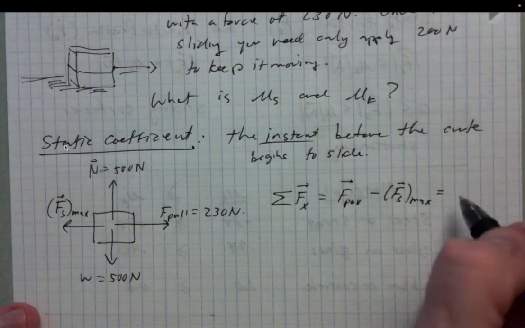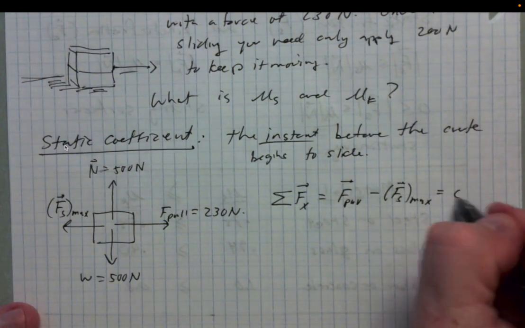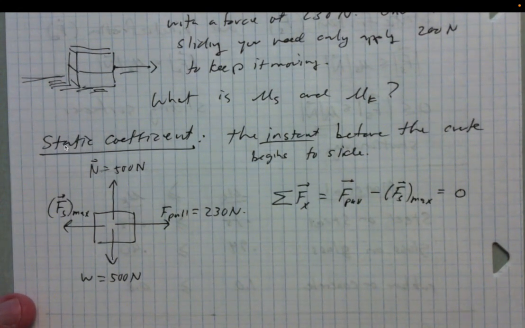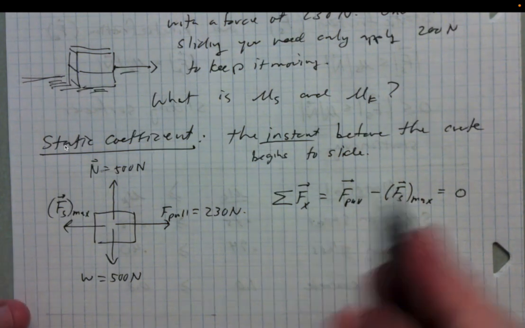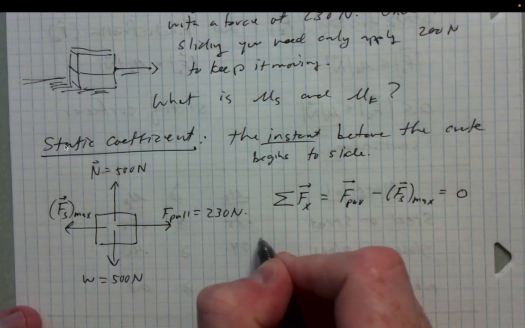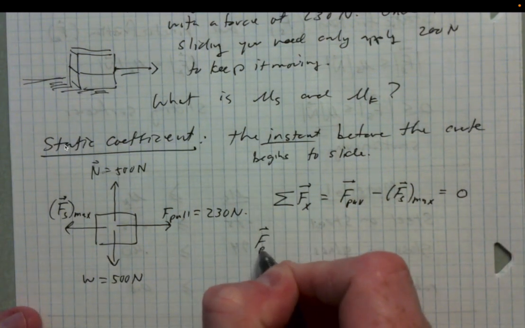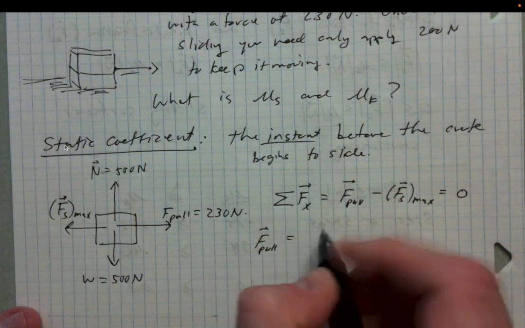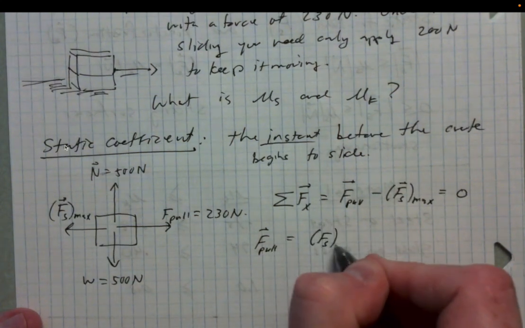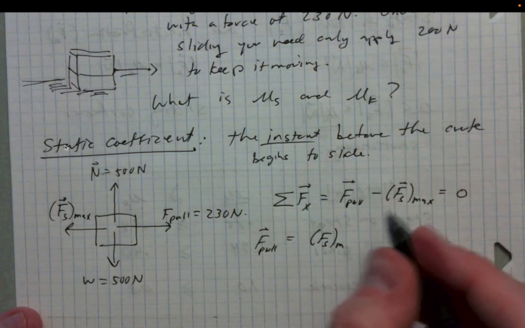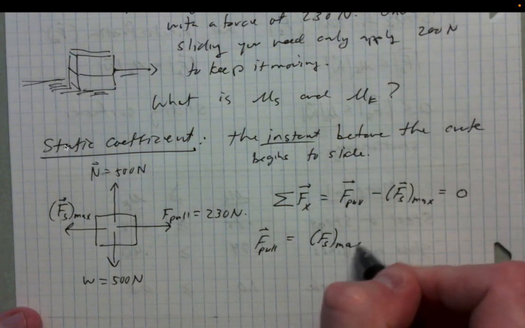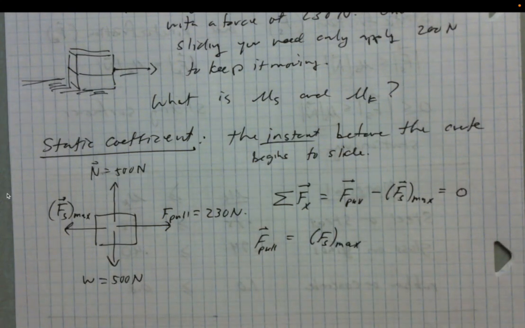And right before movement begins, those two need to sum to 0, right? We're at equilibrium. There's no acceleration. And so this is very simply telling me that the force of the pull equals the max static friction force. That's what we're seeing here.